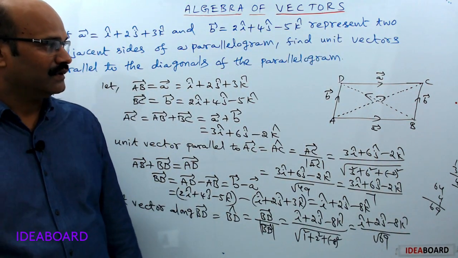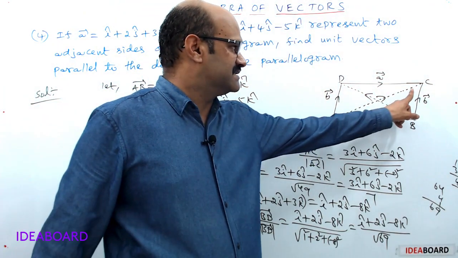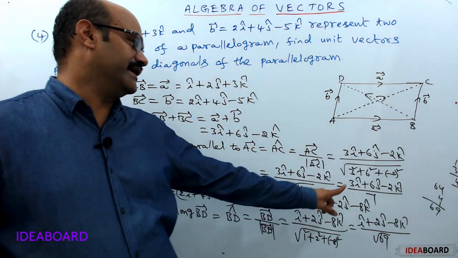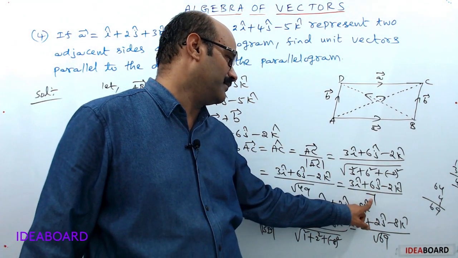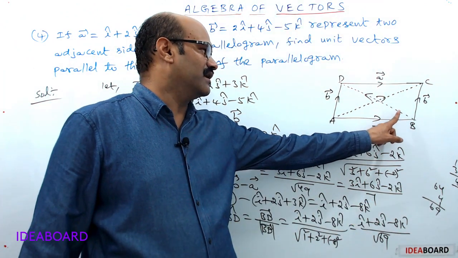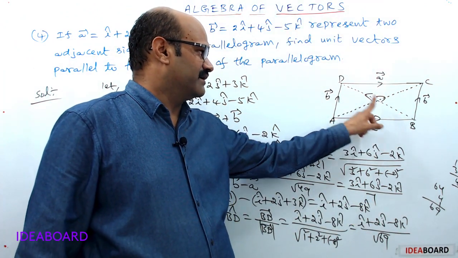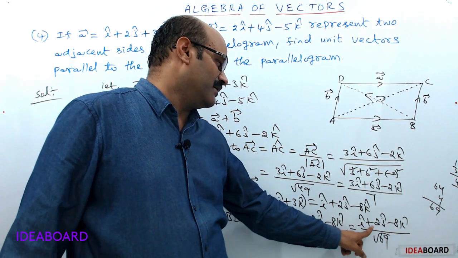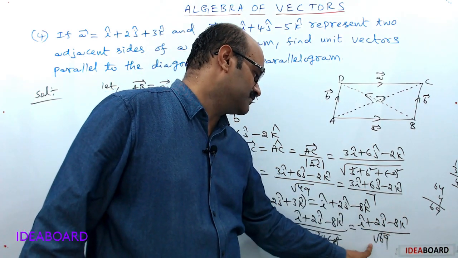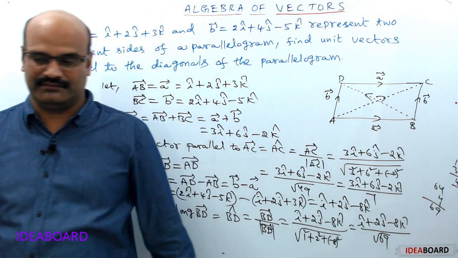Therefore, the unit vector along AC vector is 3i cap plus 6j cap minus 2k cap upon 7. The unit vector along the other diagonal BD vector equal to i cap plus 2j cap minus 8k cap upon square root of 69.